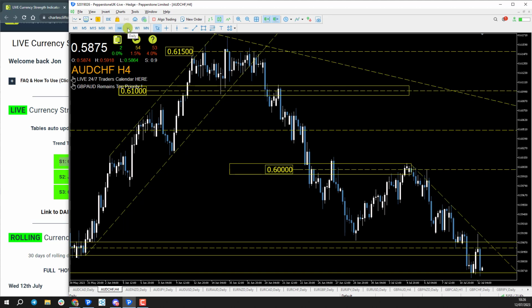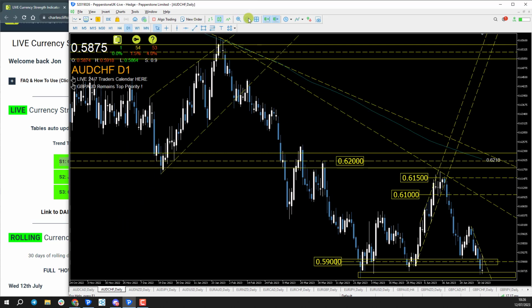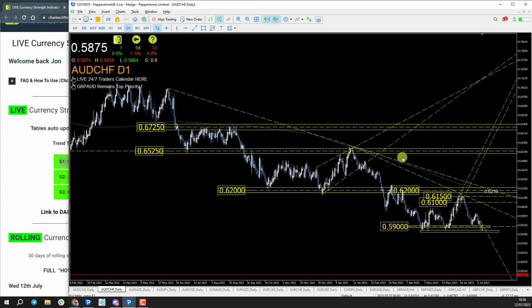So I'm going to sit out of this market for now, just because I'm not comfortable taking another short until we can trade lower. What I mean by that is, if I open this up a little bit more, you can see that I've got a level marked in at the 0.55 handle. That is the major low there. So I would need to see price trade through this consolidation, or these previous lows that were formed back in May of 2023 or even April.